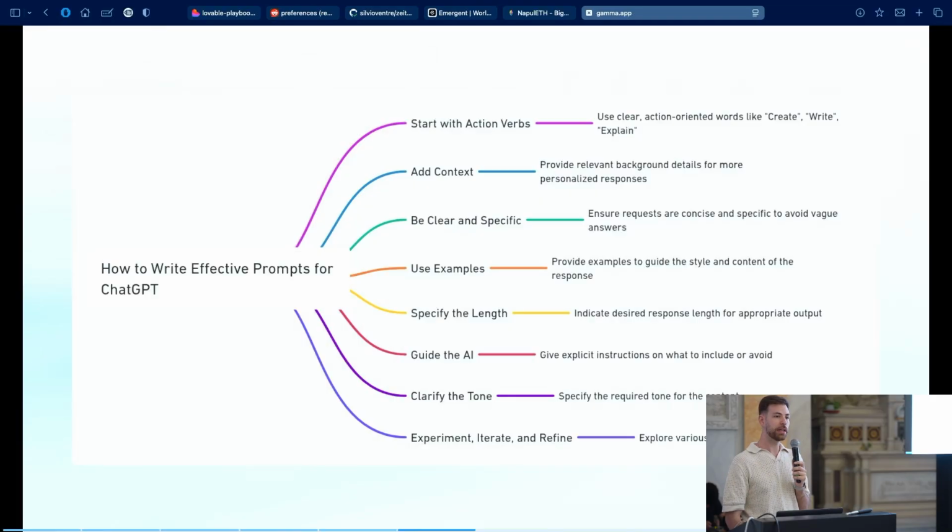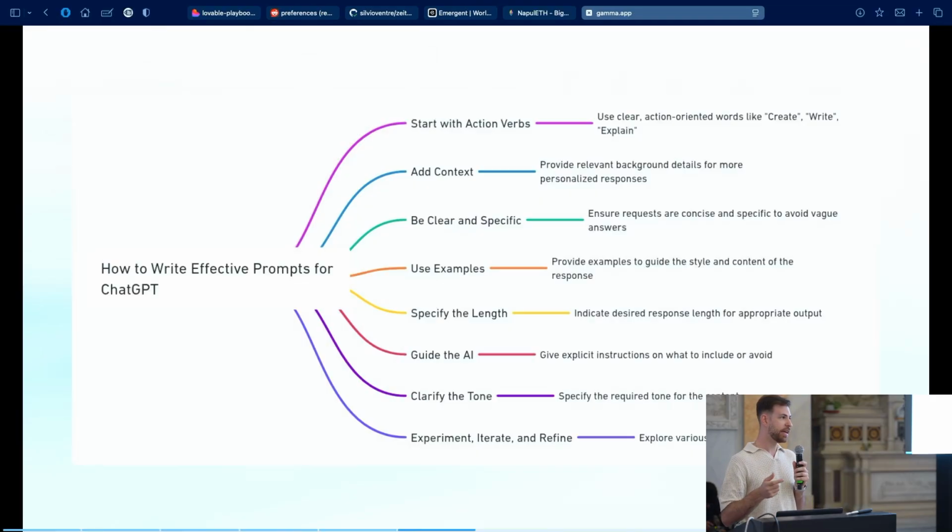For example, what I was talking about, the email. If you want to craft an email of 100 words, for example, which is a very long email, you have to define it. You'll never have something like a 100 words email if you don't write it. So you have to do it.